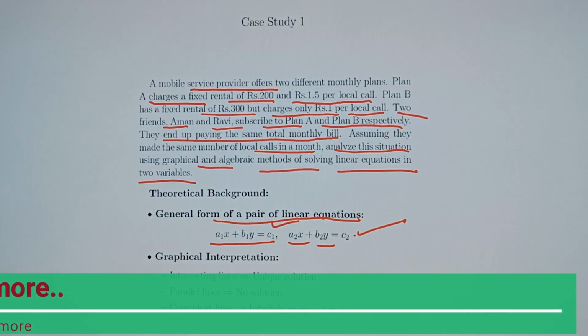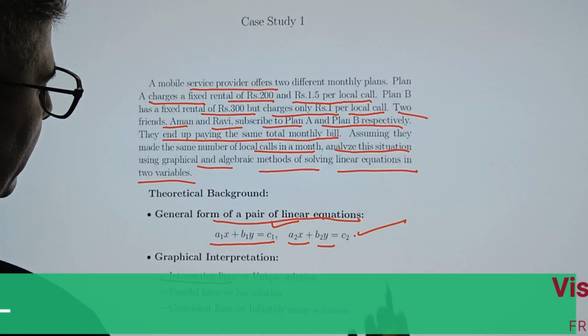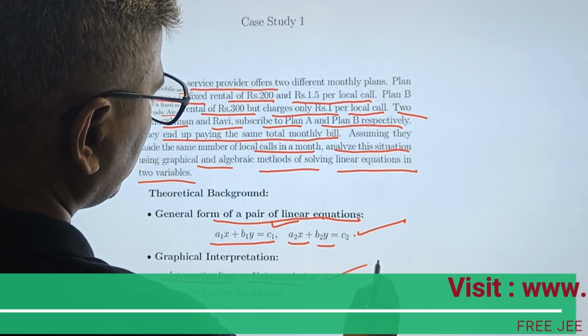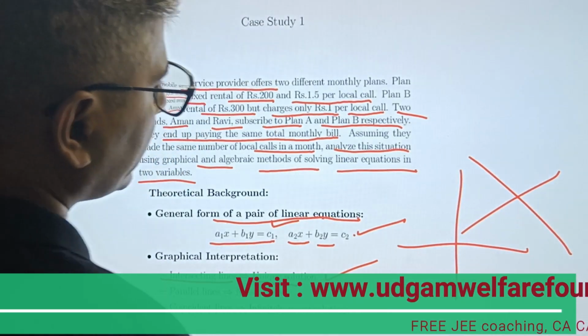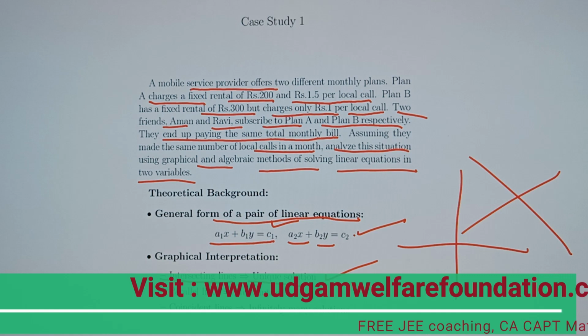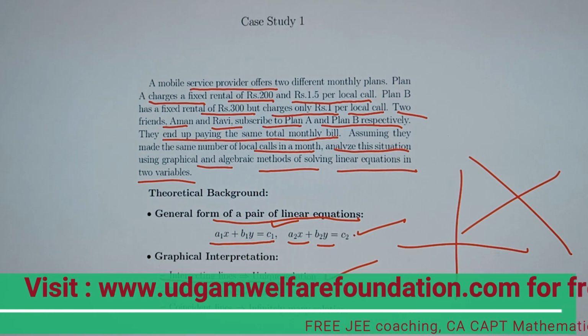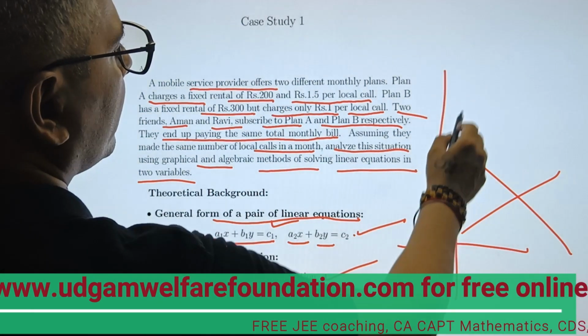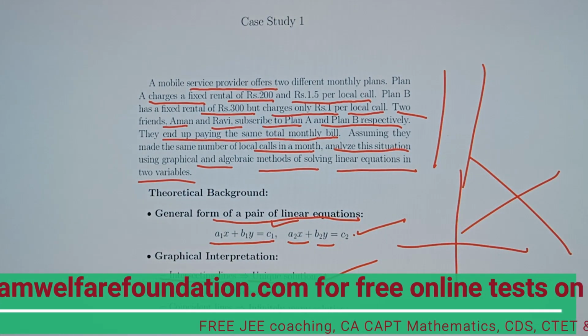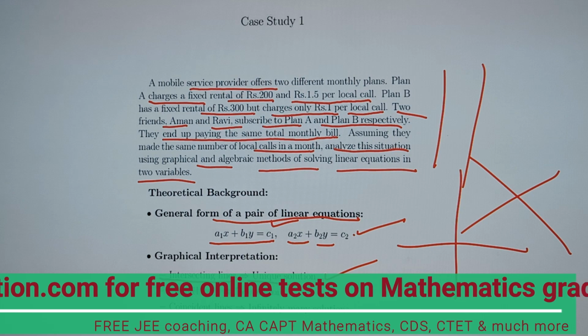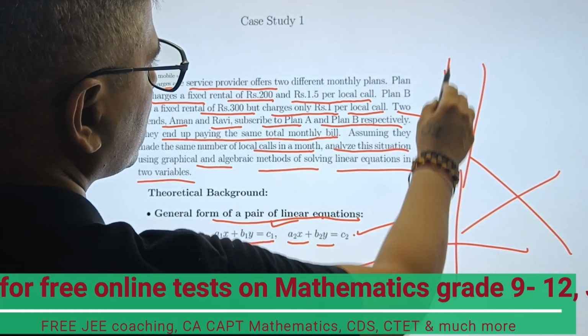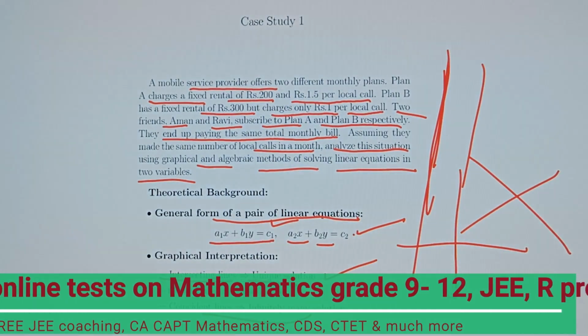Graphical interpretation: intersecting lines represent a unique solution. Parallel lines represent no solution, obviously, as they are not intersecting. Coincident lines, which are overlapping, have infinitely many solutions.